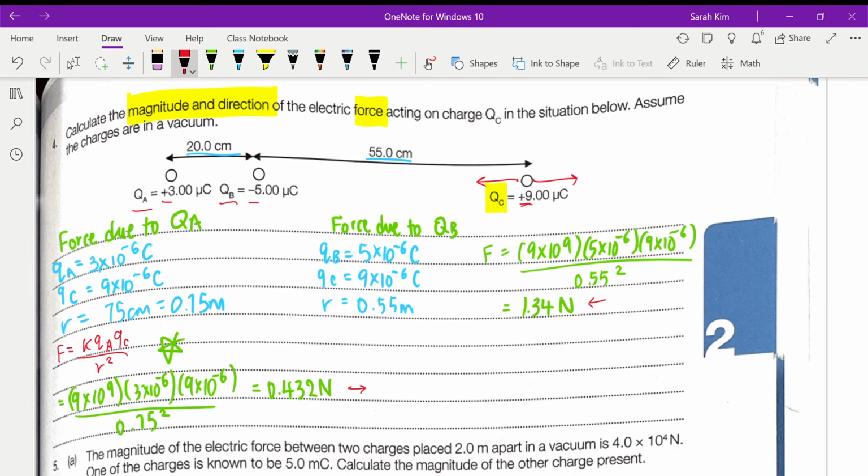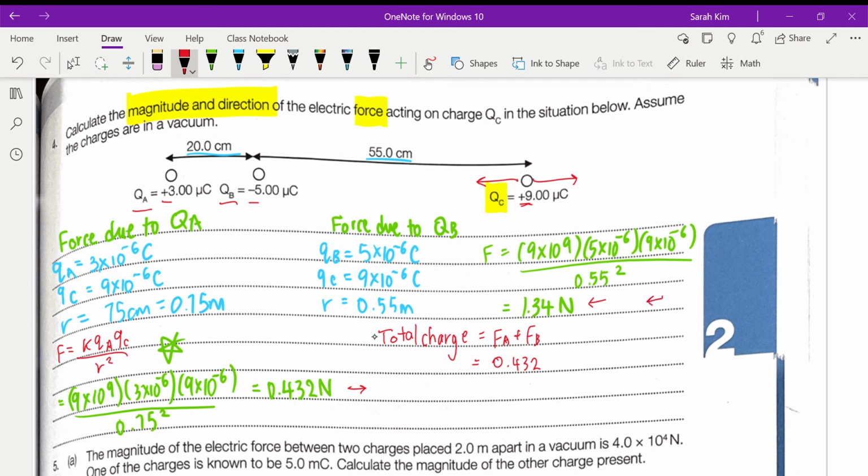So now we have to find the total sum. The total force is going to be my force from A plus my force from B. I'm just making notations to myself. My force from A was 0.432, and I'm going to leave it as a positive number because going right over here is normally my positive direction.